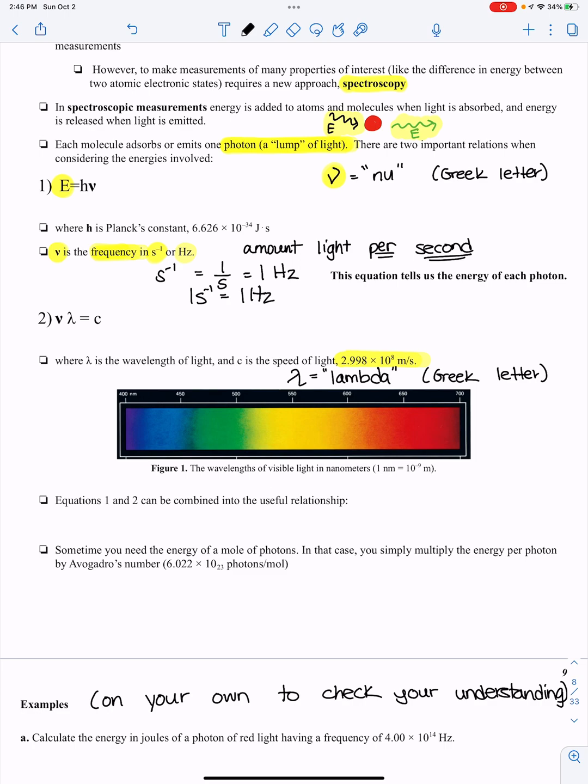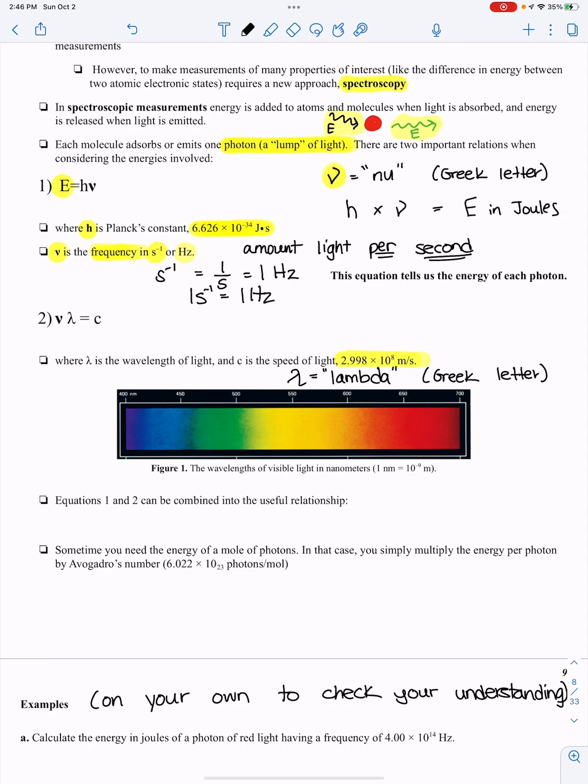And then we have a constant called Planck's constant, h. That's just a letter. Planck's constant is 6.626 times 10 to the minus 34th joules times second. That's a multiplication dot. And so if I ever want to calculate energy, I'll take this h, multiply it by whatever frequency I get in nu, and that's going to be my energy in joules.